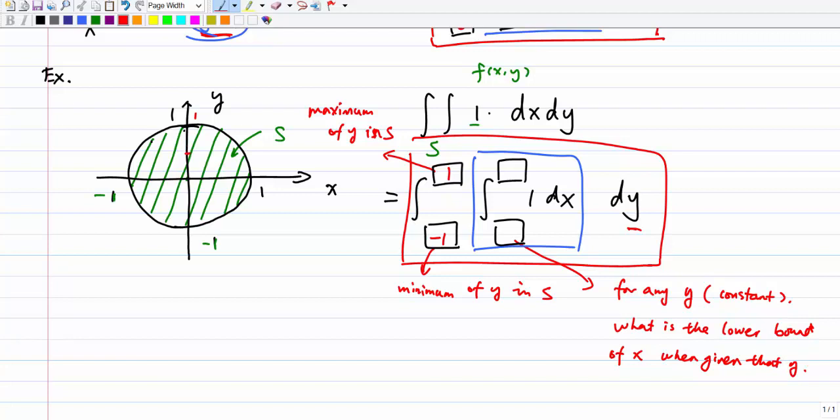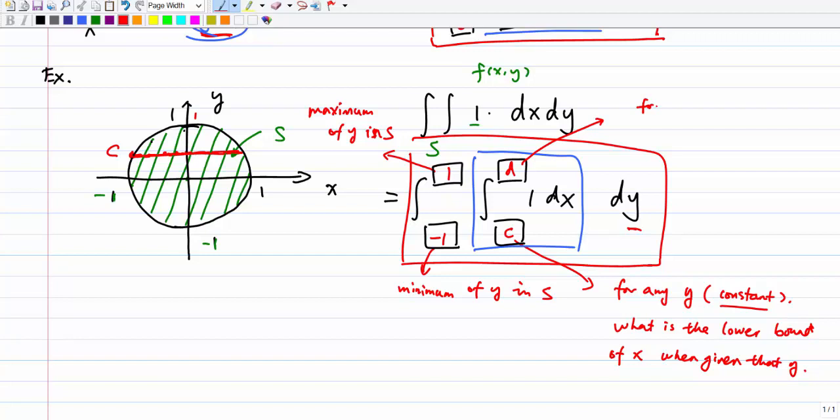If I give you a certain y, let's say my y is here, this has to be constant, so any point on this line should always be y, say 1/2. Then I want to find where this line is within the region, of course it cannot be outside, otherwise you don't include S. Then I find the lower bound. Let's call it C. Accordingly, the upper bound will be D.